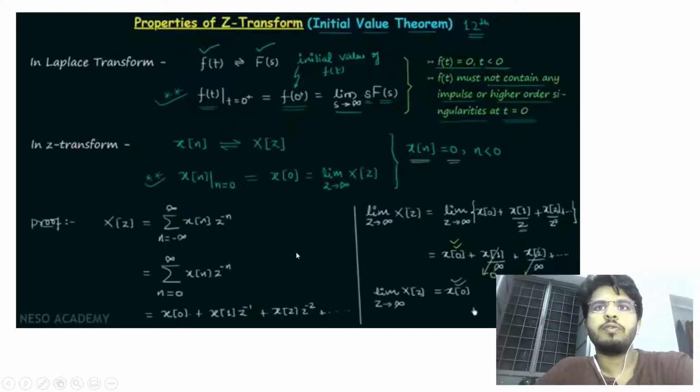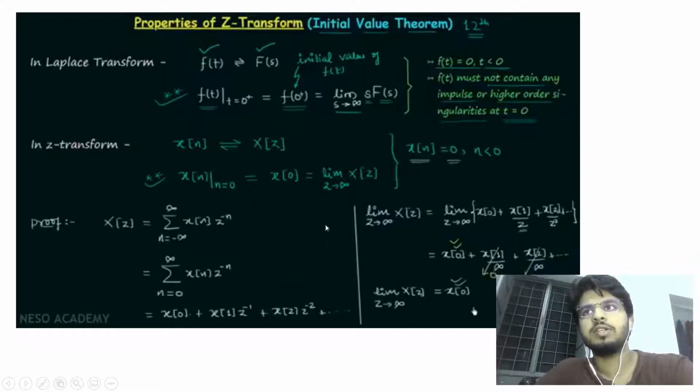So what's the proof of that? We have a Z transform over here, and its formula, which is going to expand it, and after expansion it comes down to this, right? One interesting thing to know about it is that the n equals minus infinity to n equals 0 terms have been neglected in the summation.